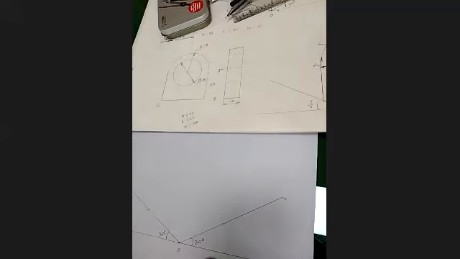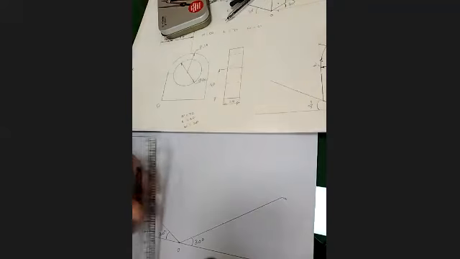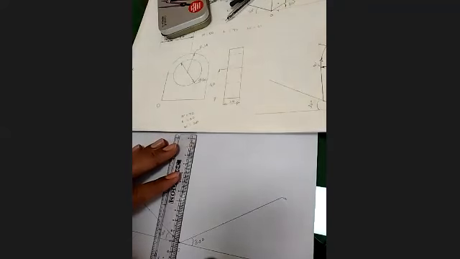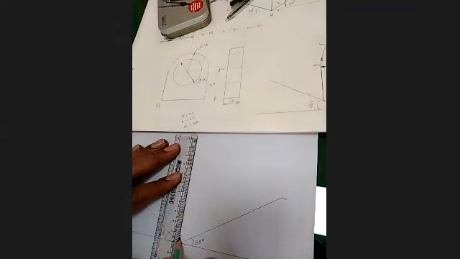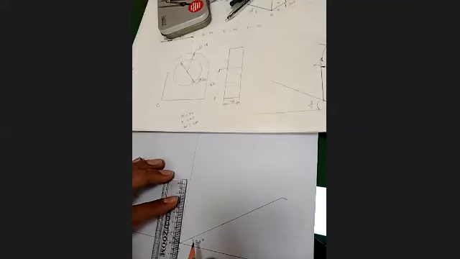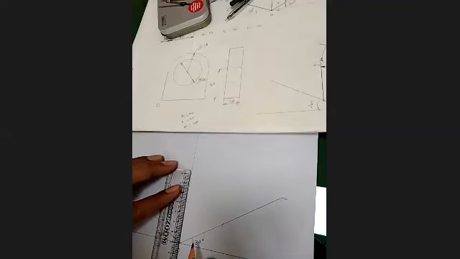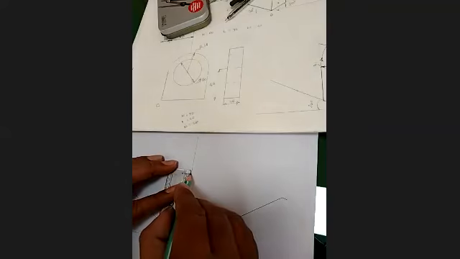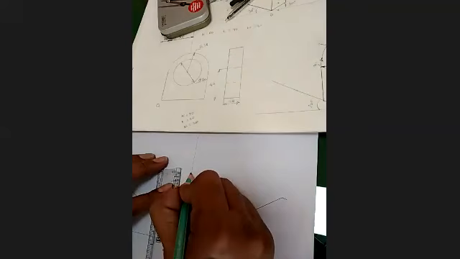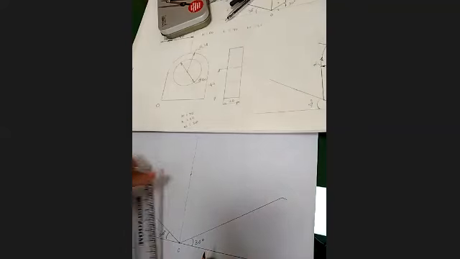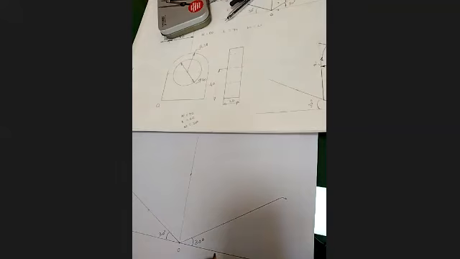Then how much is the height? Height is 70. But first of all, I have to get the line perpendicular to this line, and this height is to be 70. Height, length. In which direction do we take the length now, right or left axis?